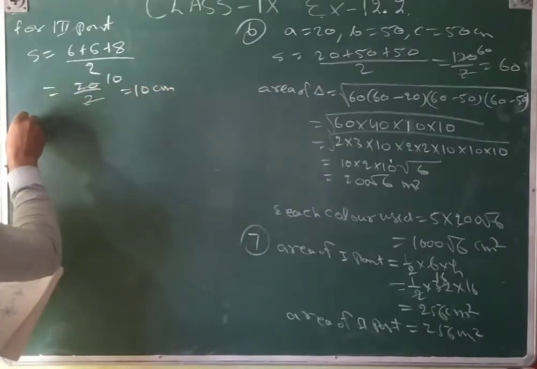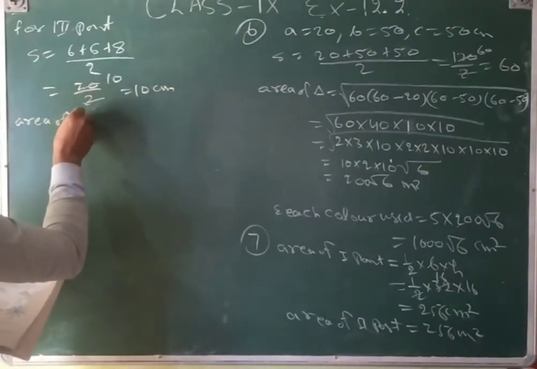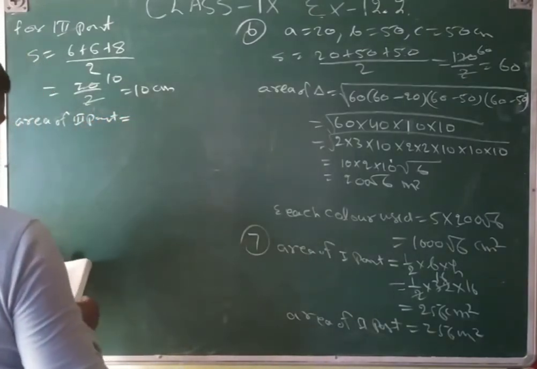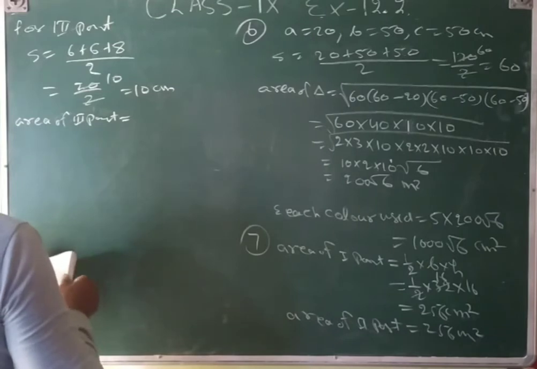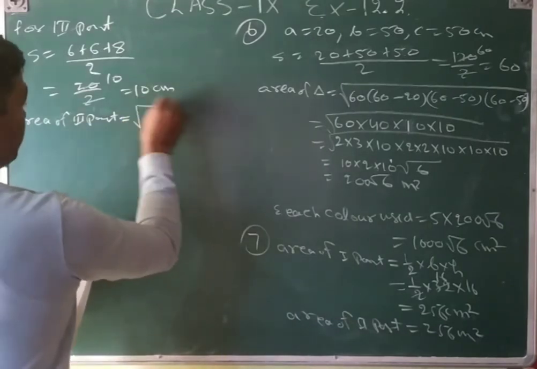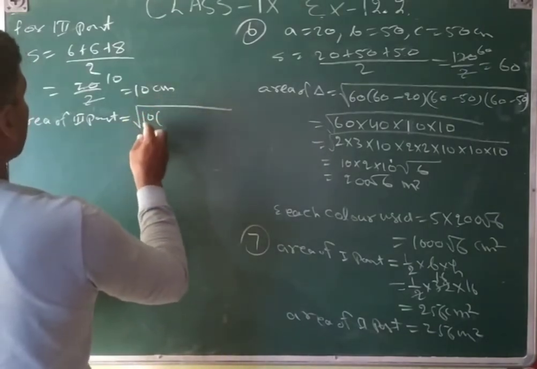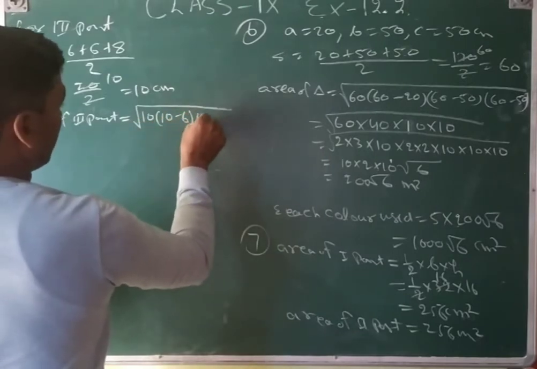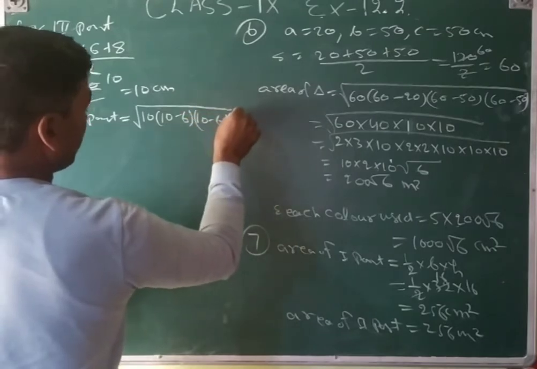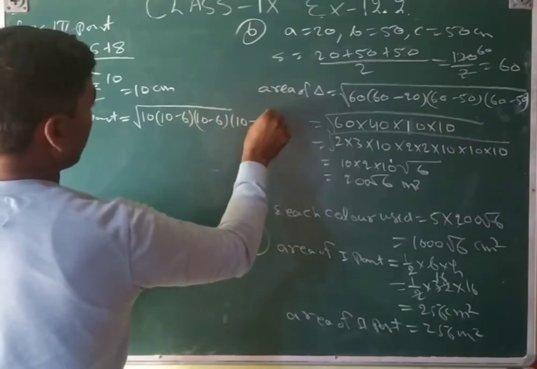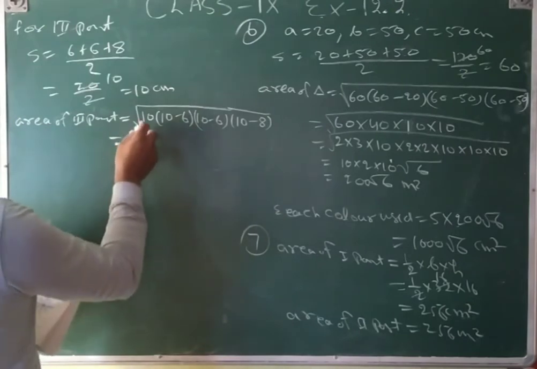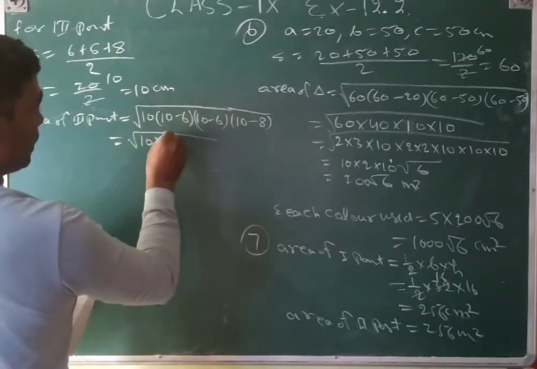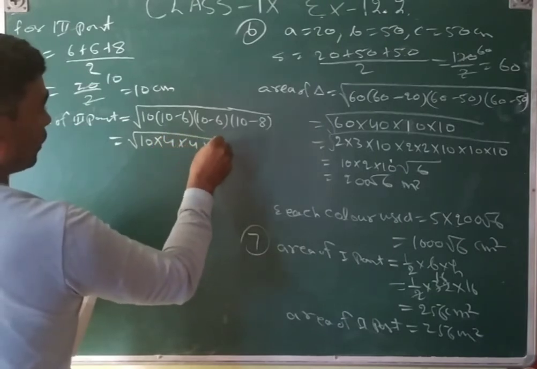Now area of the third part is equal to, under root, S into S minus A, that will be 10 minus 6, and 10 minus 8, so 10 into 4 into 4 into 2.